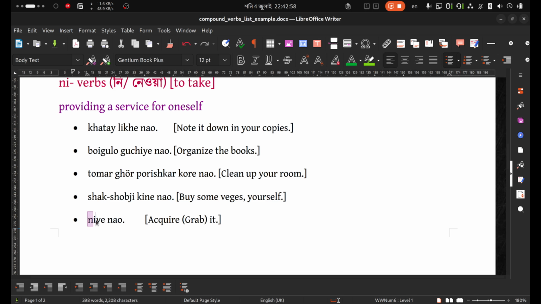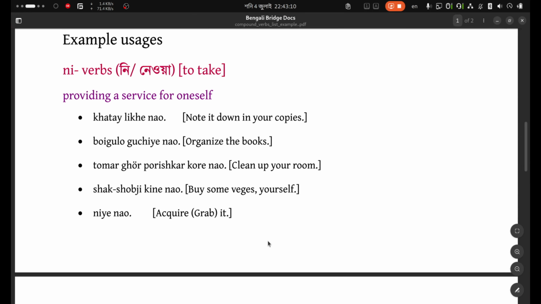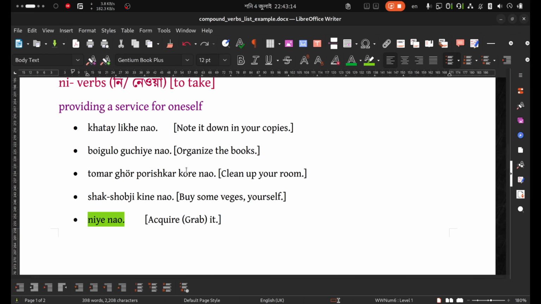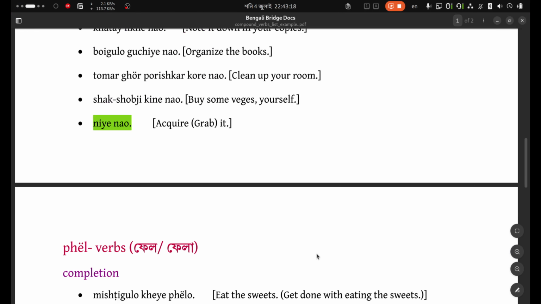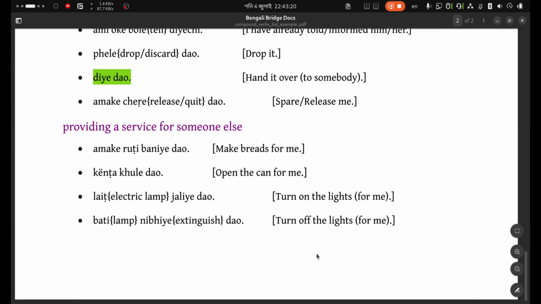This one is actually a very important one, or take it for yourself. It can be like that. "Nie now": acquire or grab it. Okay. Any more questions?